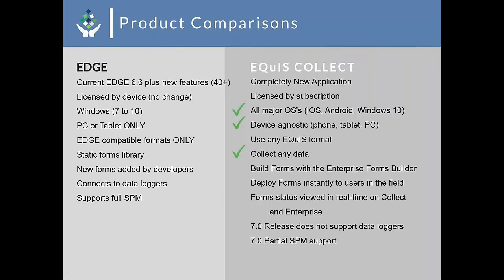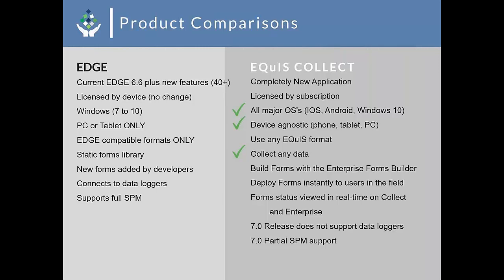Right now, there's only partial SPM support with Collect in 7.0. Edge and SPM, which we didn't talk about, which is a shame, are really designed to work together and to help with track completeness and build complex sampling events. Collect isn't really going to have much in the way of that SPM completeness yet.